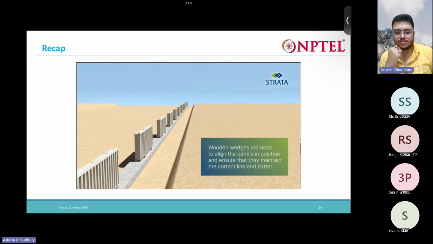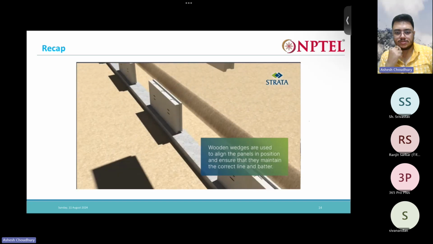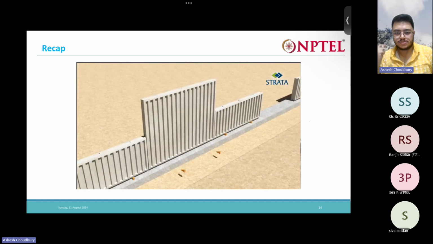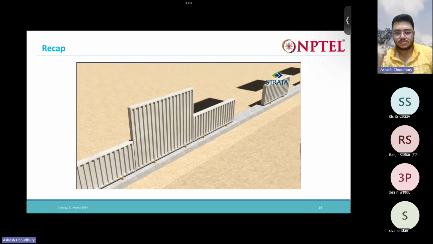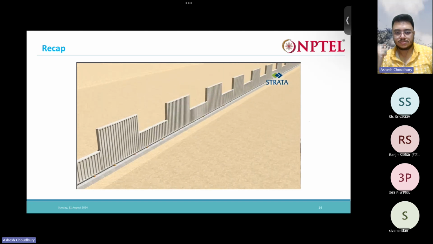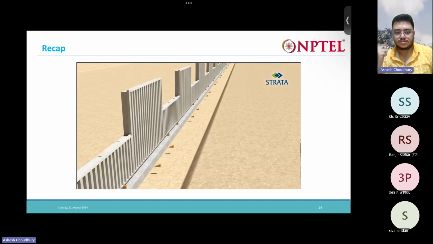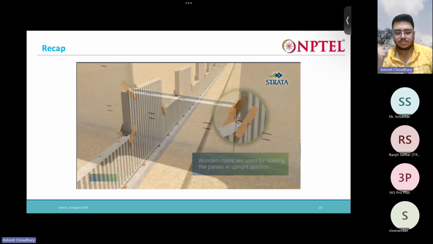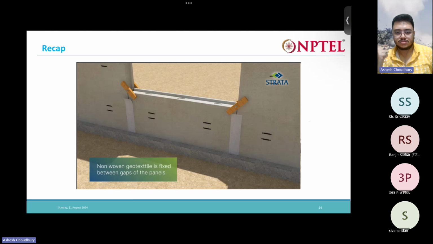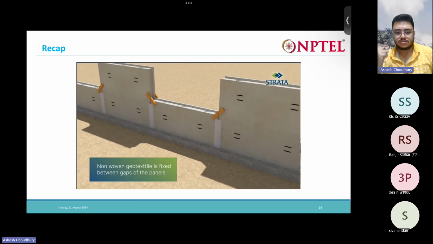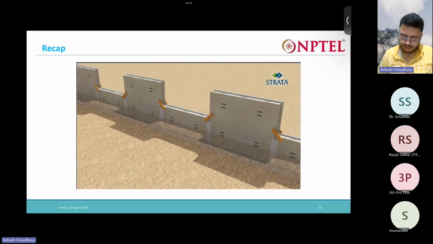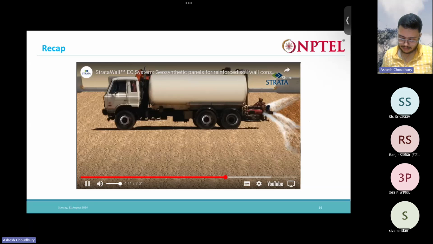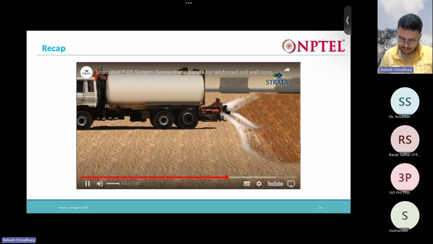Wooden wedges are used to align the panels in position and ensure that they maintain the correct line and level. Wooden clamps are used for holding the panels in an upright position. Watering and compaction is carried out till the soil reaches.